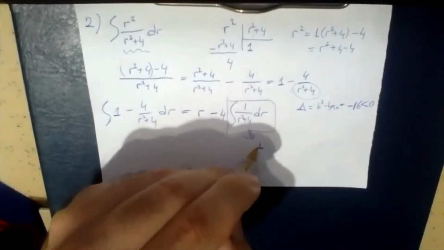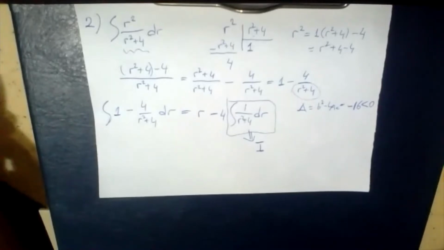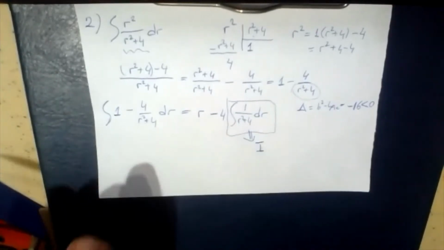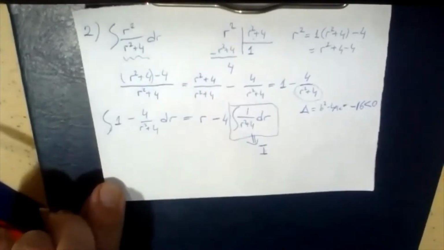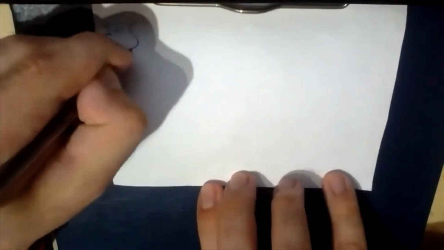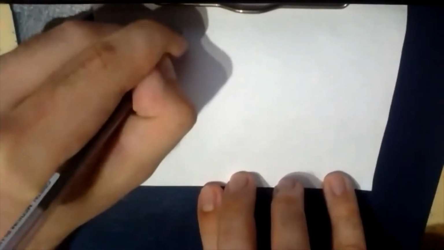Let's call this integral I. When we solve this integral, we plug it back here. I was equal to the integral of 1 over r squared plus 4.